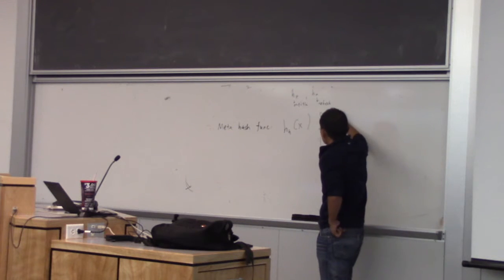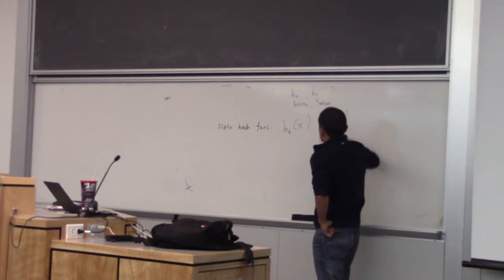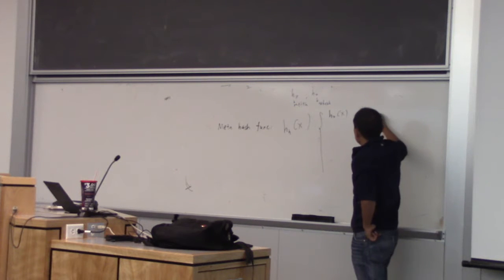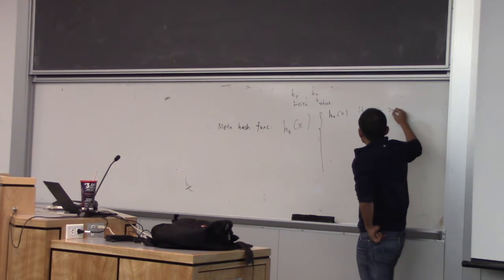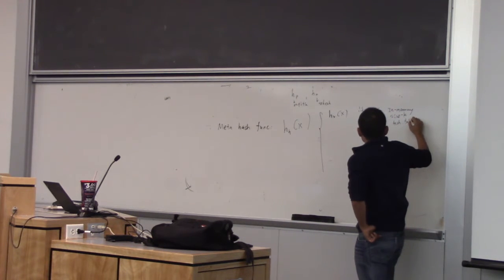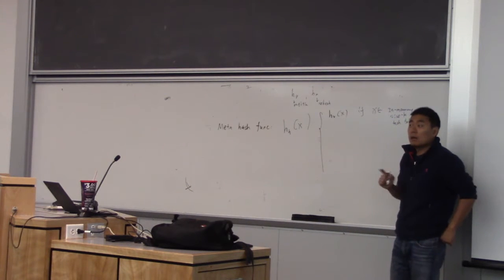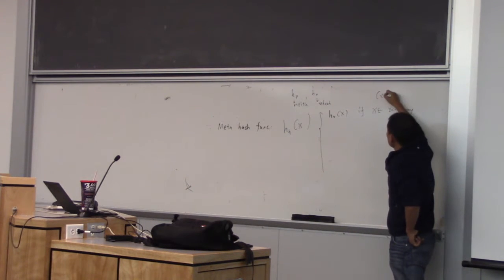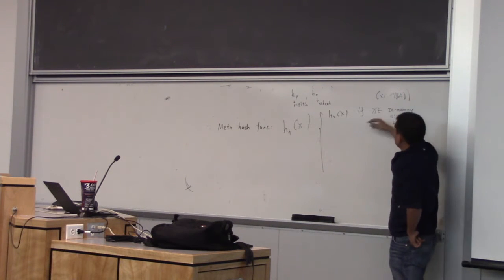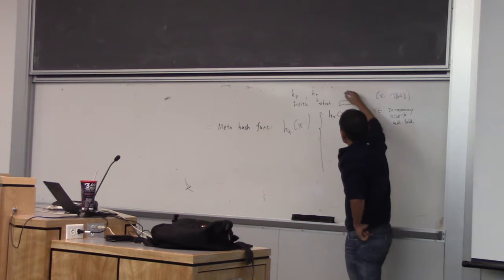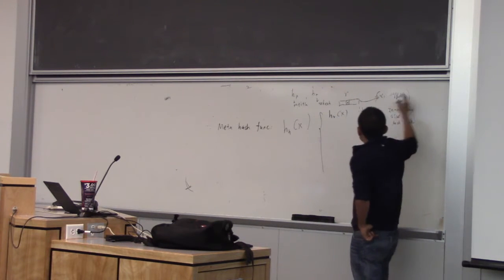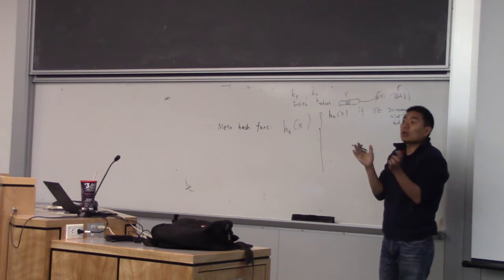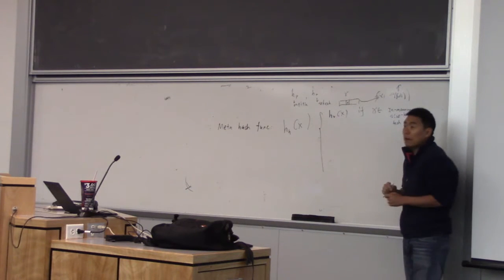It's equal to HR of x if x belongs to the in-memory size k hash table. Why? If there is already an entry of x and aggregate over some attributes, you should push this new record with value x to that and update the aggregate. It doesn't increase the space cost of your in-memory hash table.